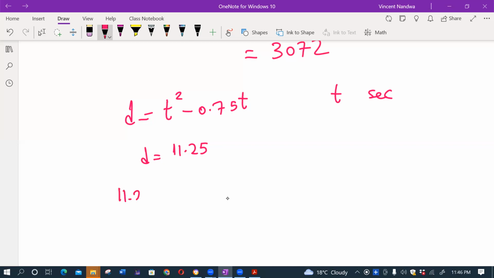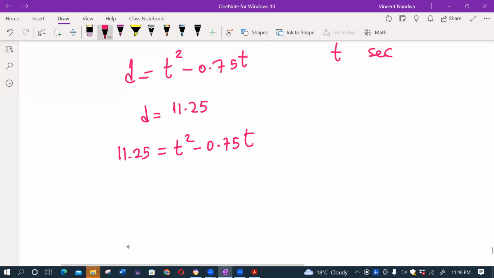So 11.25 is the same as t squared minus 0.75t, minus 11.25 equals 0.